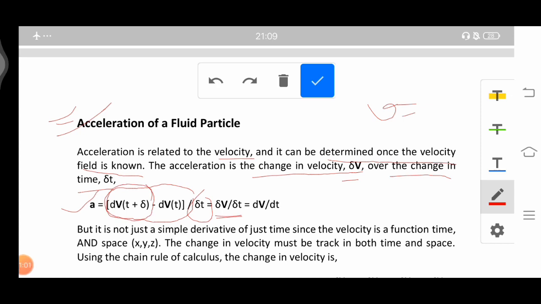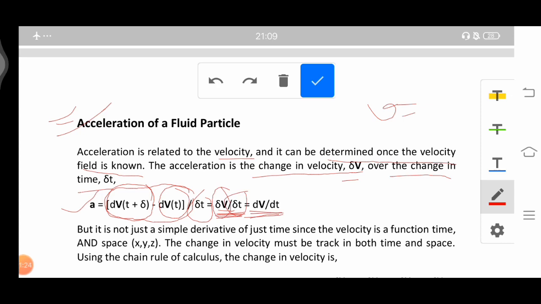Del v is the change in the velocity and del t is the change in time, and dv upon dt will be at a particular instant.